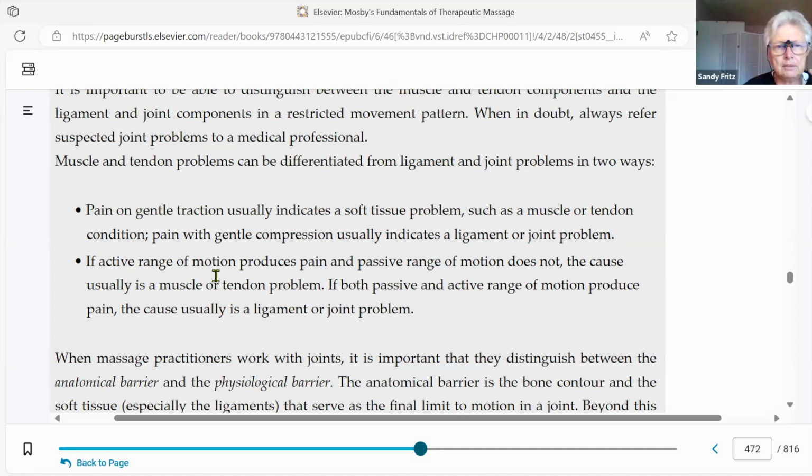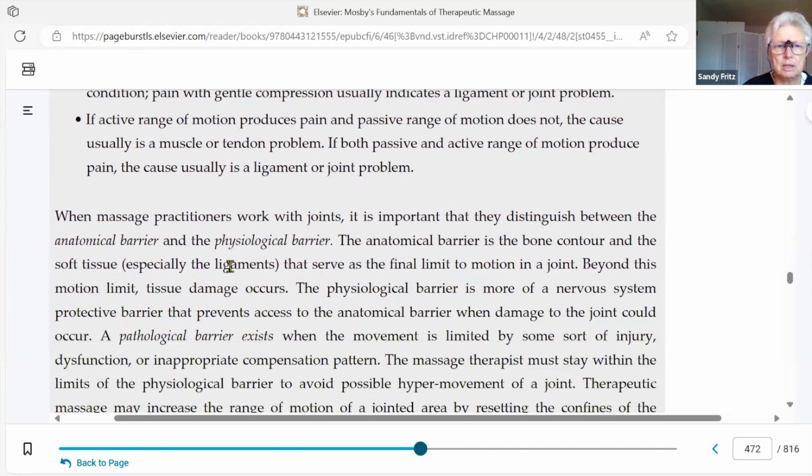And if active range of motion, active joint movement, produces pain or discomfort, and passive range of motion, moving the joint, does not, the cause usually is a muscle or tendon problem. But if both passive and active range of motion assessments produce pain, then it is more likely that there's ligament and joint involvement.